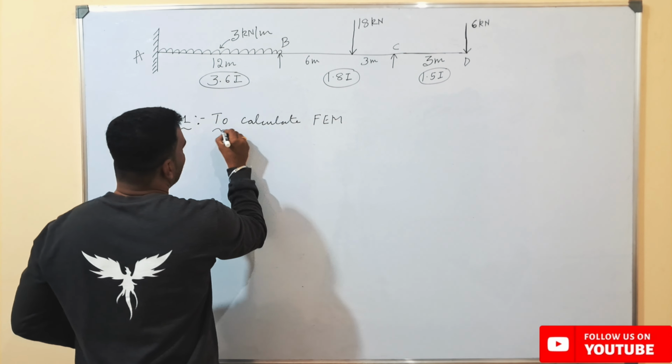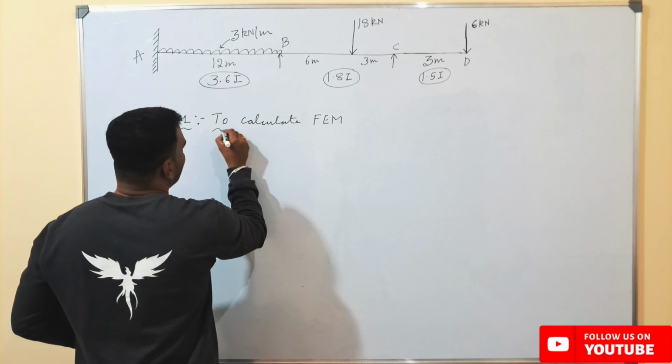Now if we want to find the moment for span CD, which is an overhanging portion, at the free end it is carrying a point load of 6 kilonewton and the span here is 3 meters.